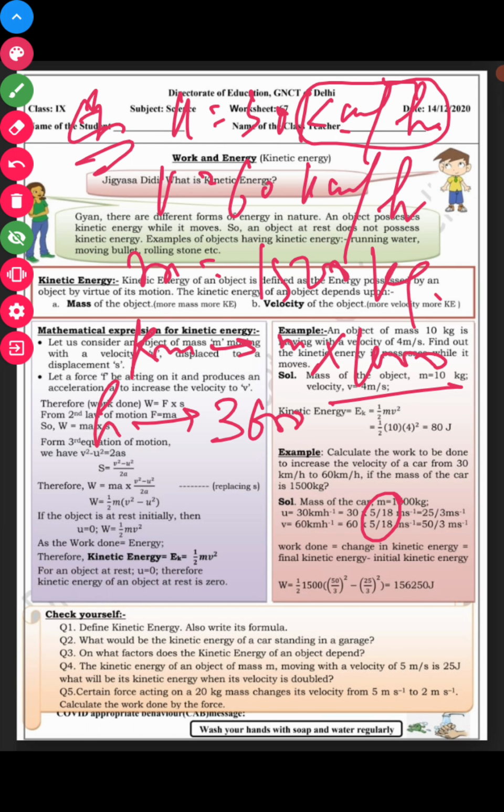So kilometer per hour is converted into meter per second. By cancelling out and dividing by 2, 2 5s are 10 and 2 9s are 18, we have 5 by 18.